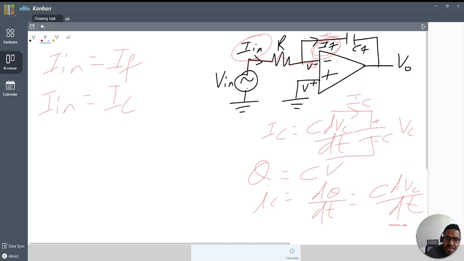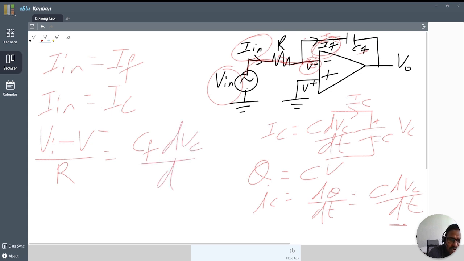So I in, when simplified, is V in through this resistor to the inverting terminal: V in minus V inverting over R. Then IC is CF d of Vc over d of t.